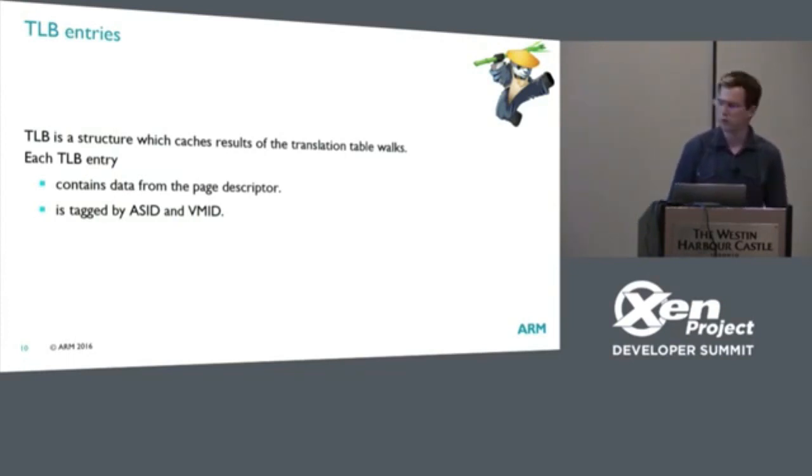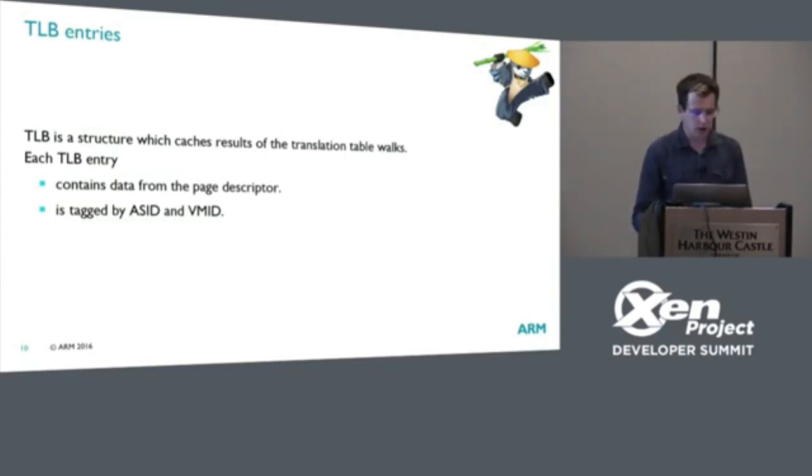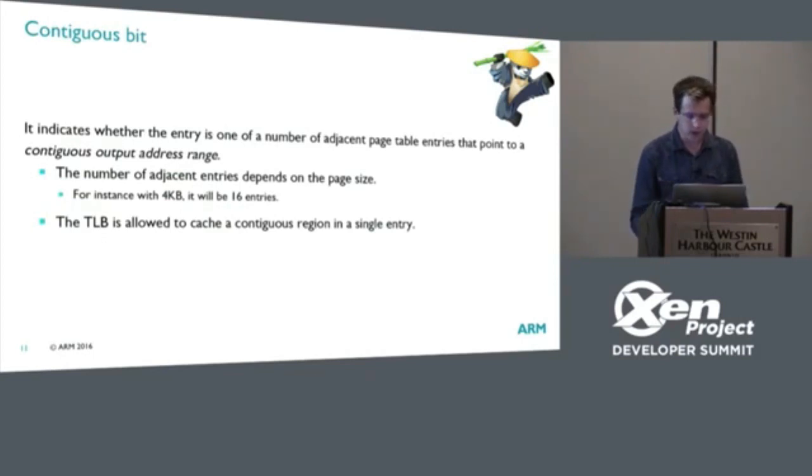I will go through what ASID and VMID mean just after. One of the things that is allowed on ARM is the contiguous bit, to indicate that there are multiple entries which are aggregated. For instance, you can't do a block mapping of 1 GB, but you may have really small mappings, like 64K or 32 MB for 4K.